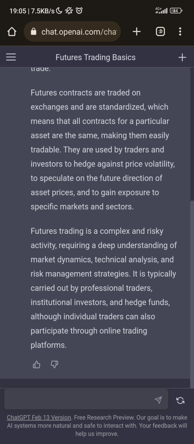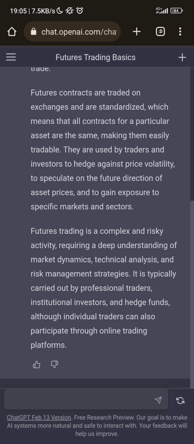So futures trading saves you the exposure of having to buy an asset and hold it before you can sell it, right? You don't buy the asset, you just buy the contract, you trade it, and after trading you sell the contract back, and you make back your profit or your gain. Futures trading is a complex and risky activity requiring a deep understanding of market dynamics, technical analysis and risk management strategies.